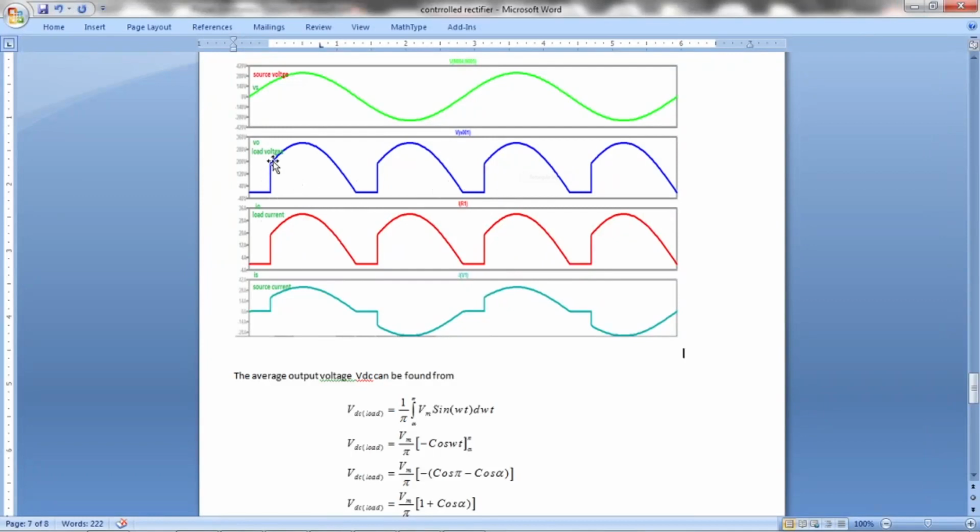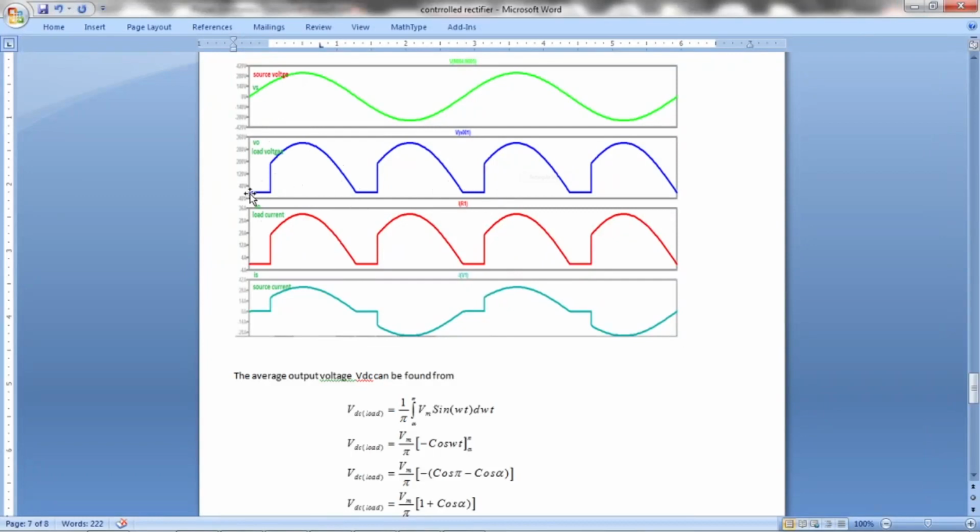And what is the mathematical model of these waveforms? The mathematical model of this waveform and this waveform is the same. This is Vm sin omega t. From alpha onwards till pi, this waveform behaves like a sinusoidal waveform. That's the reason the mathematical model is Vm sin omega t.